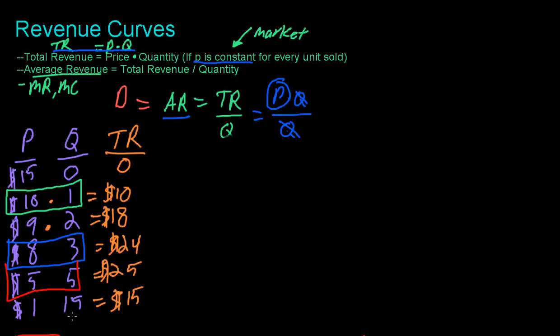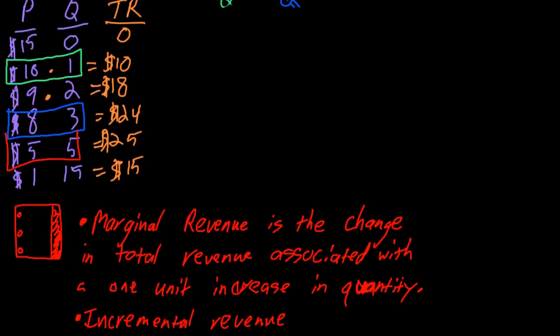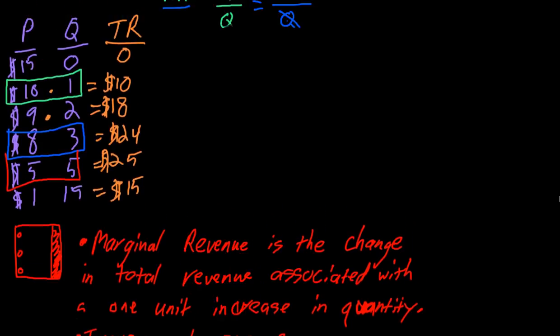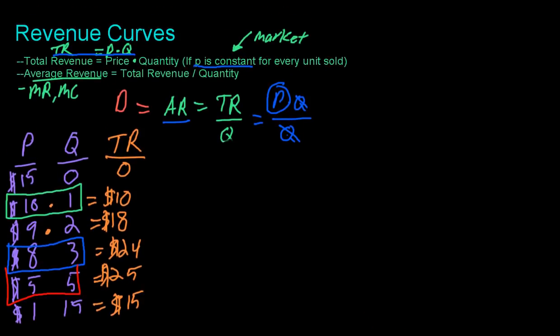So now we need to talk about marginal revenue. Marginal revenue is the change in total revenue associated with a 1 unit increase in quantity. So at the very start, we're going from 0 hamburgers sold to 1 hamburger sold. We can't calculate marginal revenue for no units because there's not an additional unit sold.